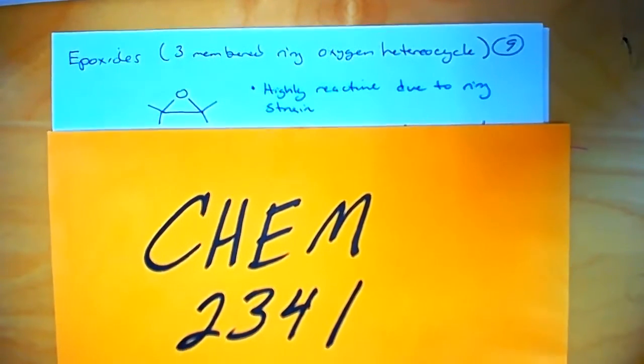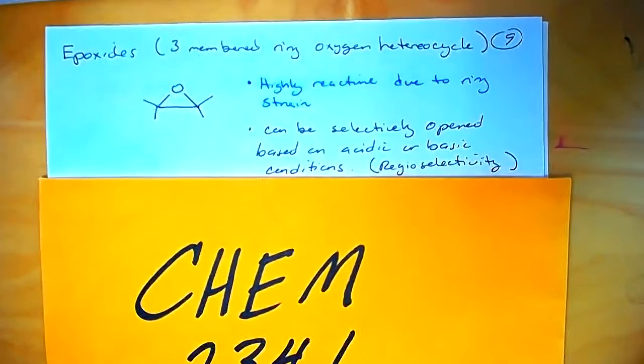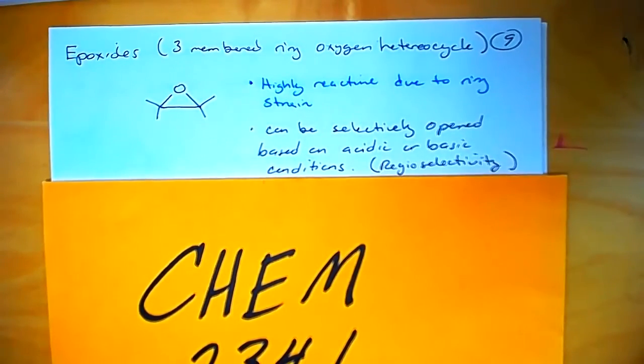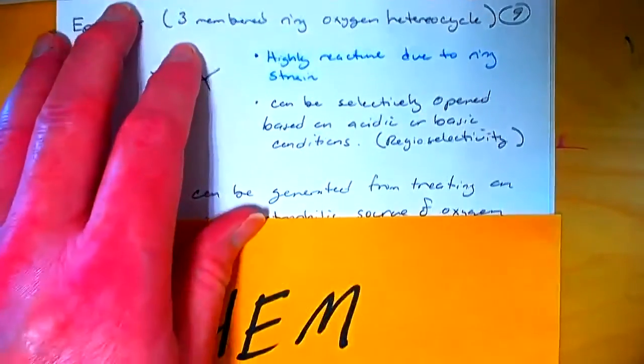Epoxides are obviously a highly strained ring because it's a three-membered ring. They can be selectively opened in acidic or basic conditions, and it turns out that epoxides are fairly easy to make if you have a reactive alkene double bond. So we're going to talk about that first.